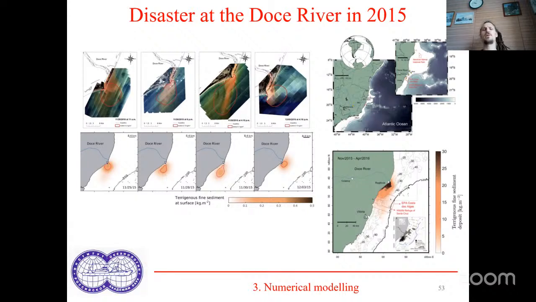They had an environmental disaster when a big volume of slurry produced by an iron mine inside Brazil territory, from a reservoir holding lots of mud, was released.